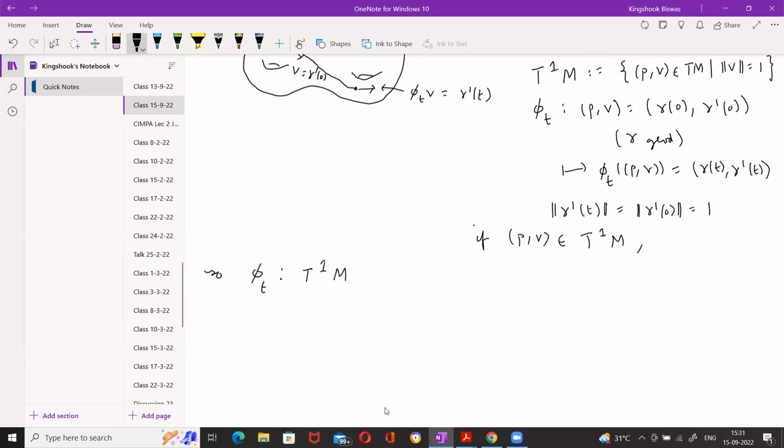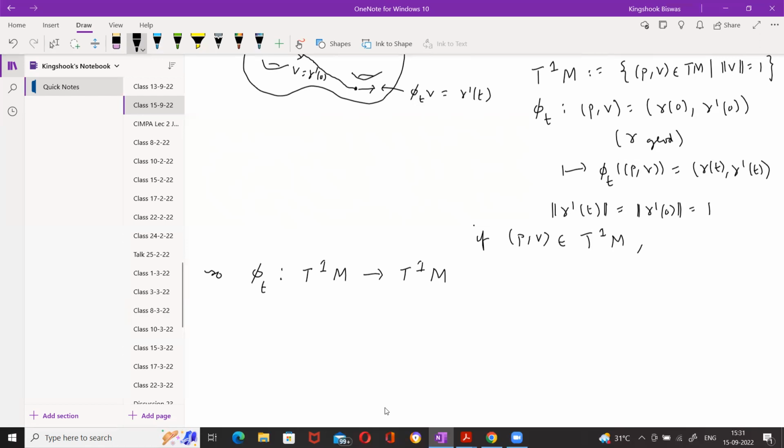And why is it useful to look at the unit tangent bundle? Because if M is compact, for example, then the unit tangent bundle will also be compact. The tangent bundle is never compact because the fibers are vector spaces, which are non-compact.